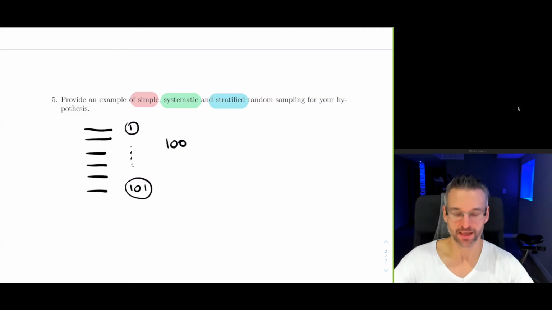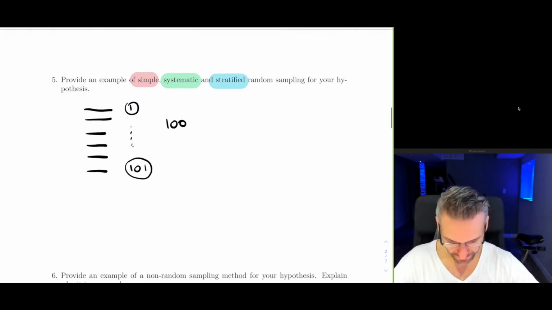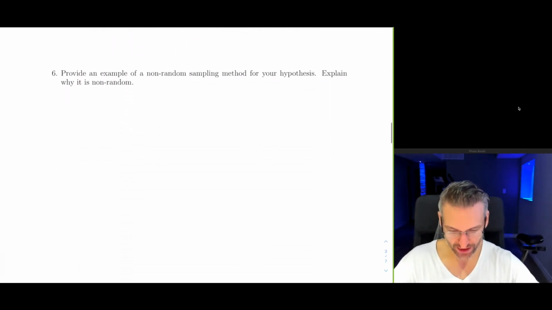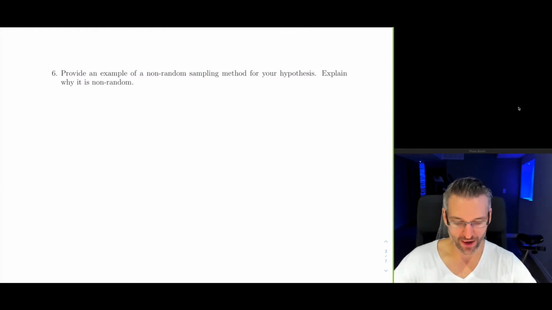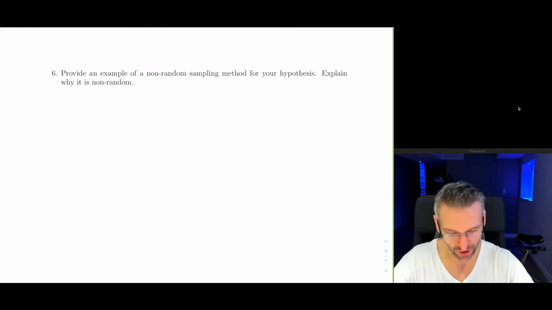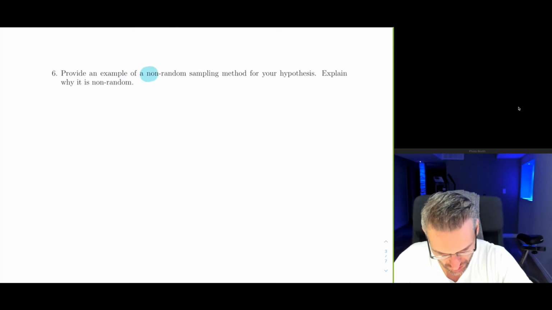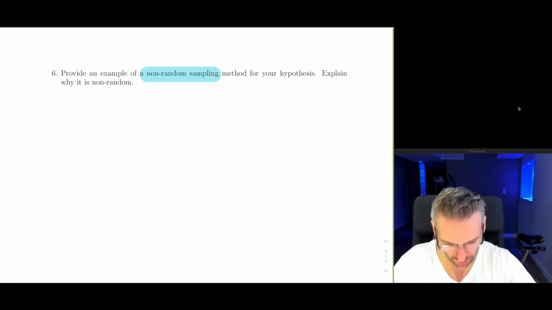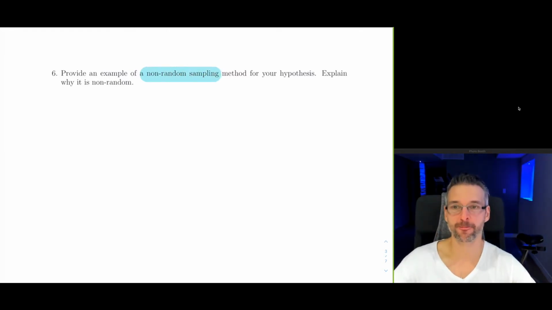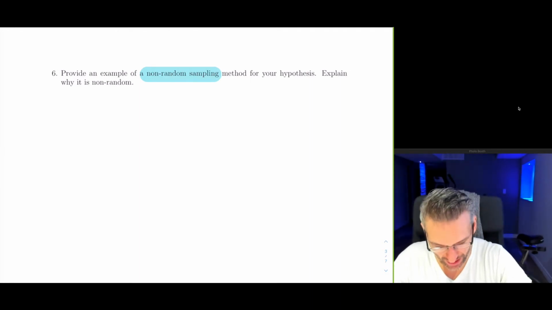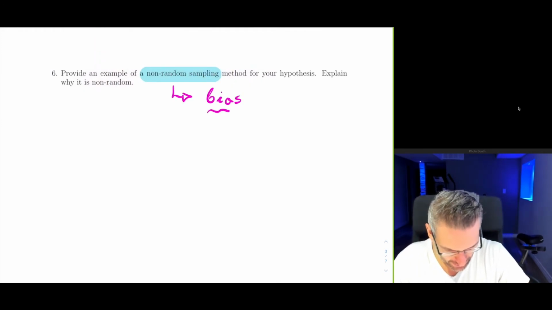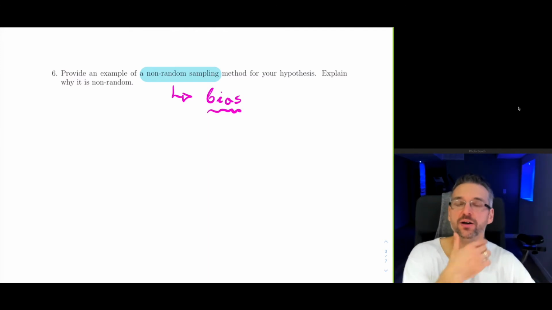Next, question number 6. Provide an example of a non-random sampling method for your hypothesis. This question is testing your understanding of random versus non-random. Non-random is kind of a biased way of sampling, and bias was also discussed in one of the videos on relations.